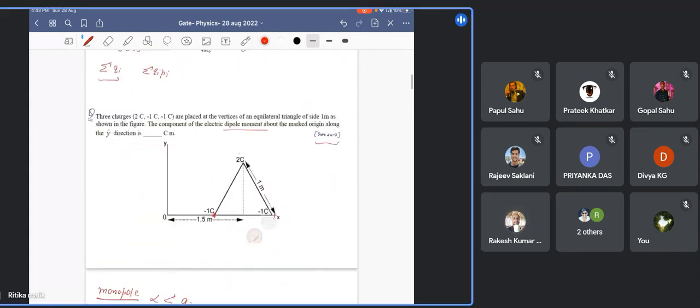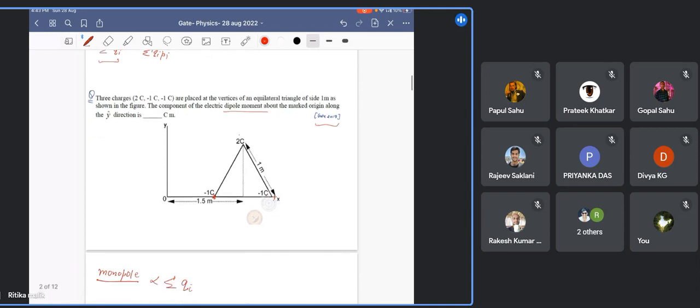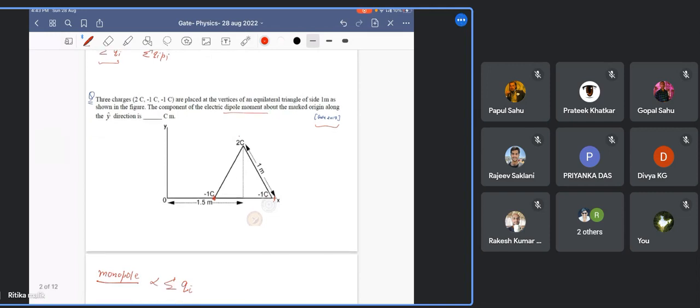The next question. In this question, it is given that this distance is 1.5 and it's an equilateral triangle with 1 meter side. So this one is also 1 meter and this is also 1 meter. This is 0.5 and since this is 1 meter, this is 0.5.